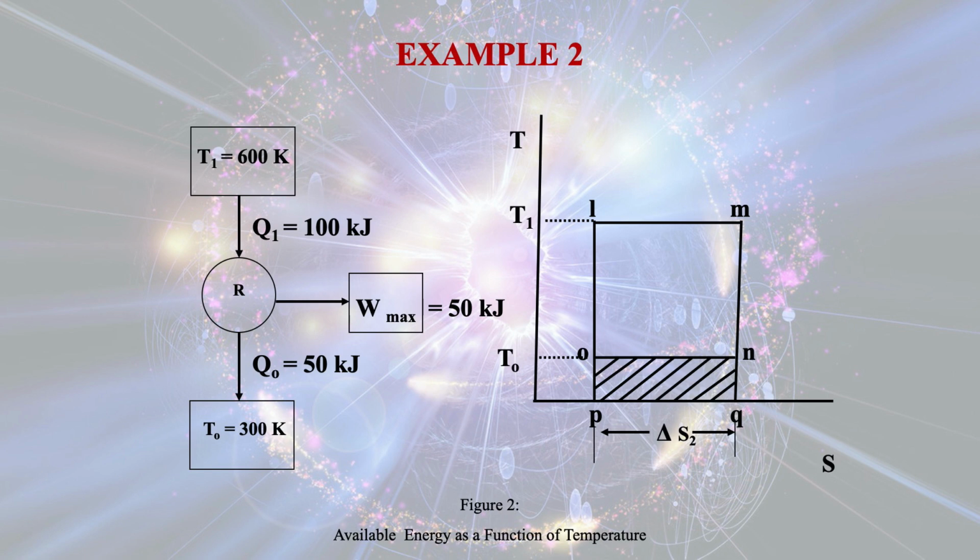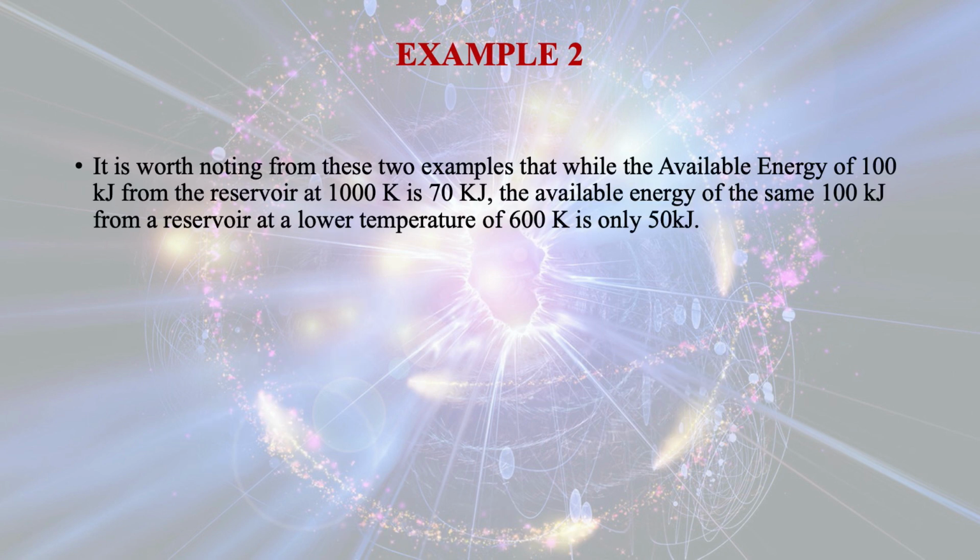was 300 Kelvin. It is worth noting from these two examples that while the available energy of 100 kilojoule from the reservoir at 1000 Kelvin is 70 kilojoule, the available energy of the same 100 kilojoule from a reservoir at a lower temperature of 600 Kelvin is only 50 kilojoule.